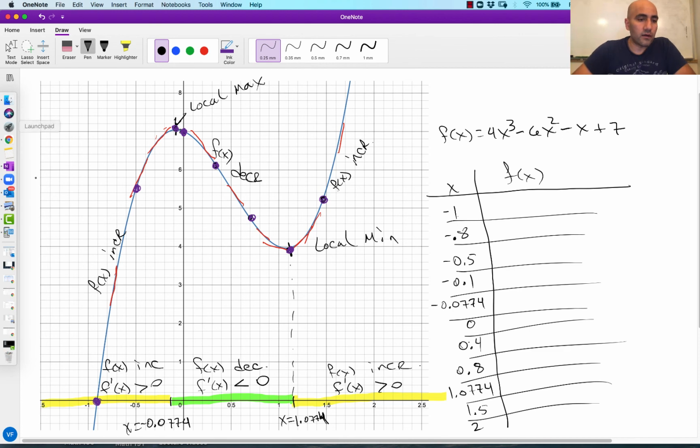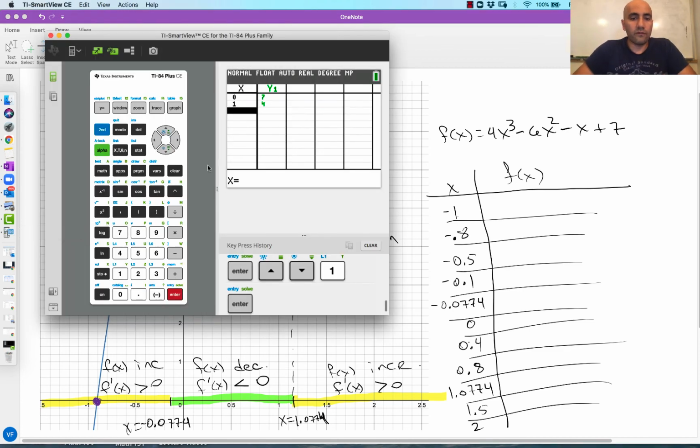Okay, so let's use our calculator. So filling out that table, you start with -1, gives me that guy. Looks like it's -2. Then negative 0.8 leads to that. And then negative 0.5 leads to that. And then negative 0.1 leads to that. And then negative 0.0774 approximately leads to that. And then 0 leads to 7. And 0.4.